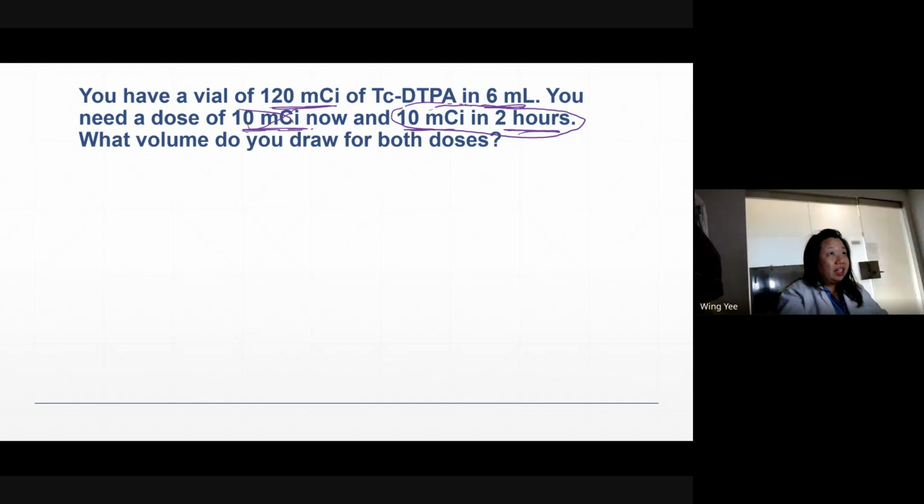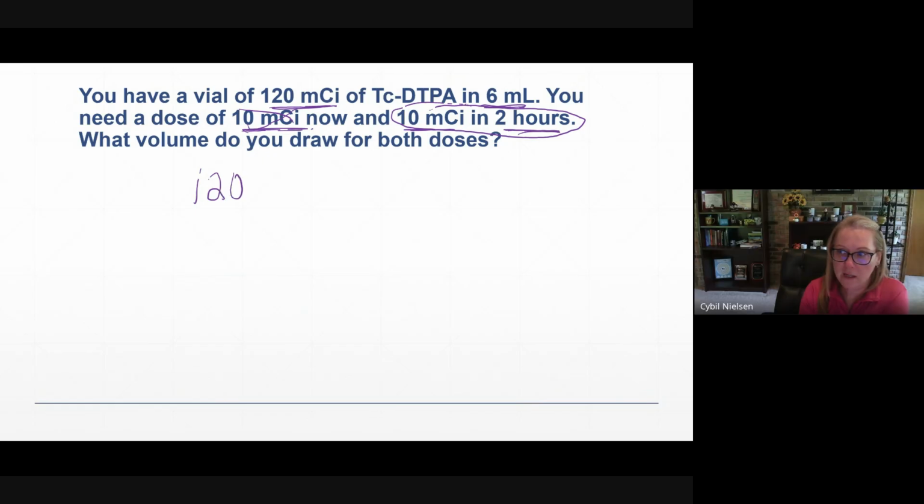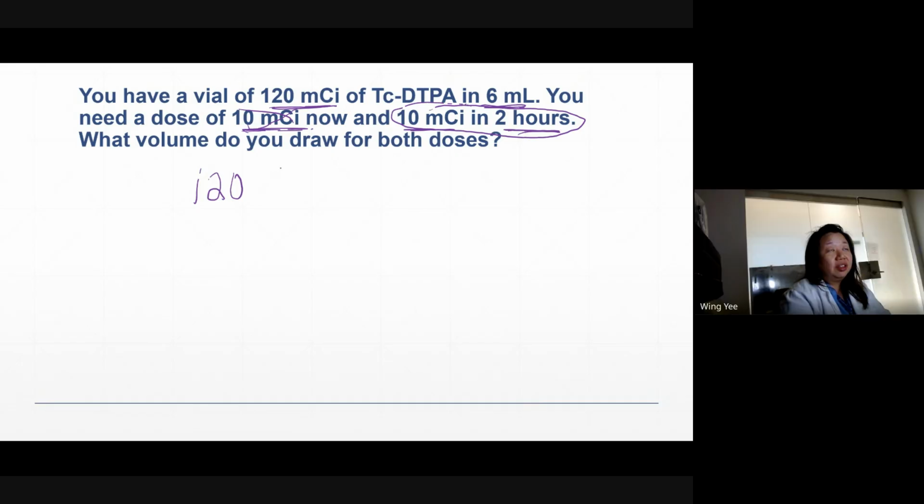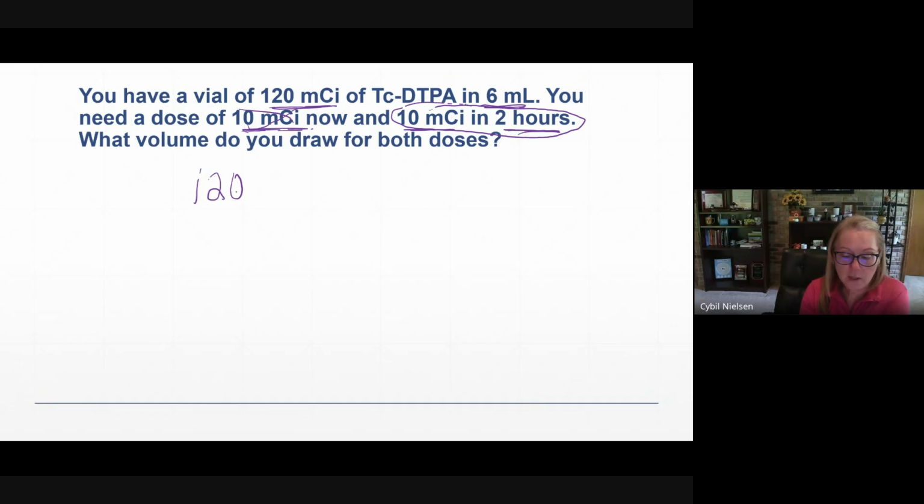So decay 120 first. You don't have a scientific calculator, do you? No, I don't. Okay, so the 120 millicuries decayed for 2 hours becomes 95.2 millicuries.